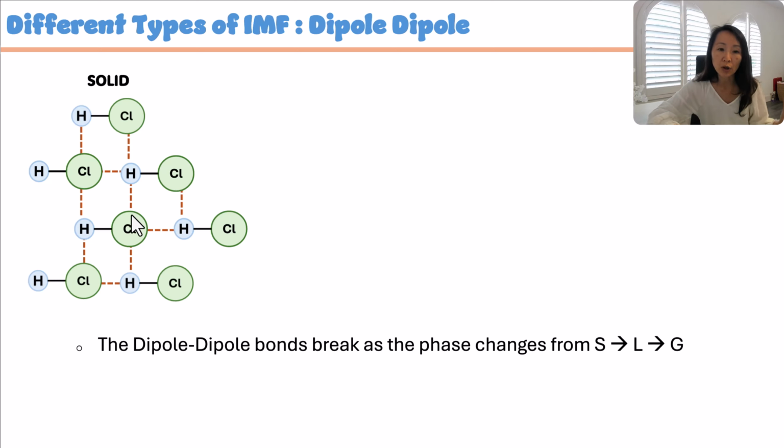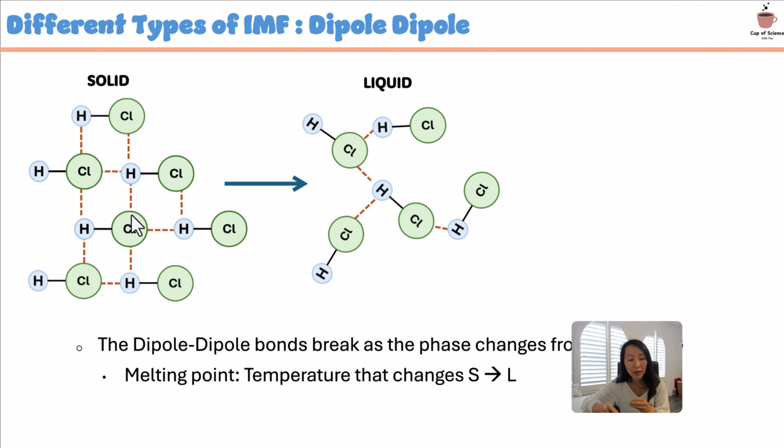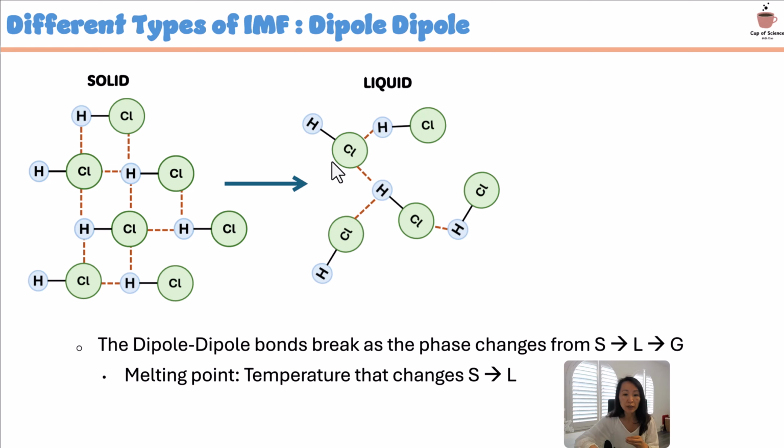Going from solid to liquid is when the solid melts into a liquid, and that temperature we consider the melting point. Some of the intermolecular forces are broken, because there's more fluidity and movement of the molecules.